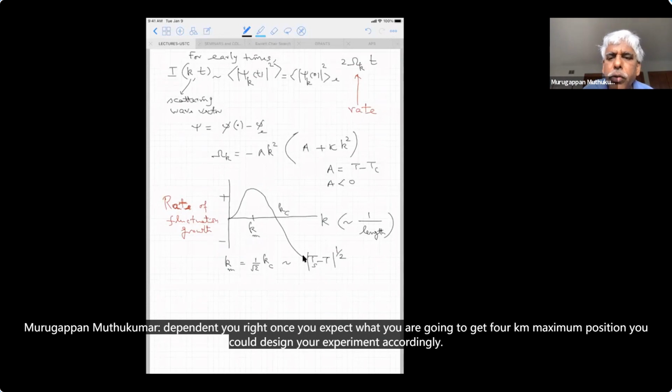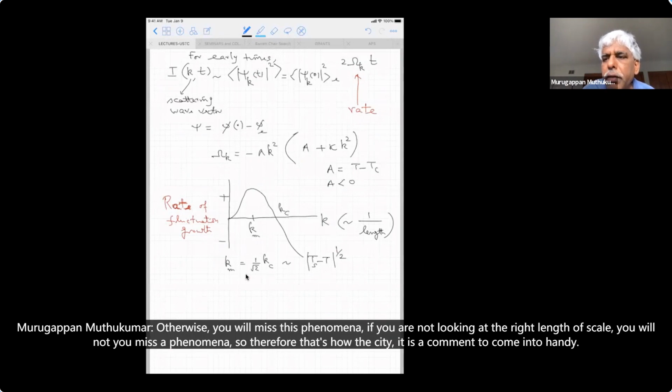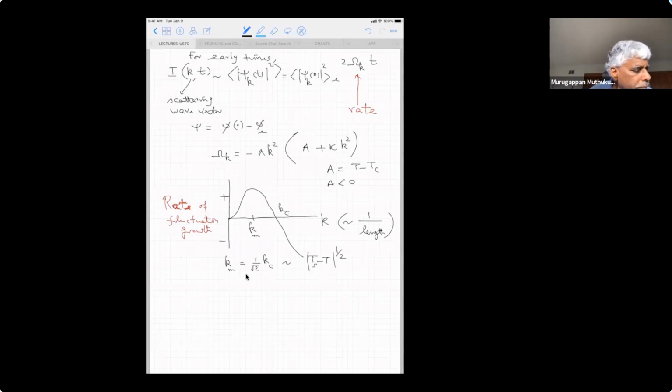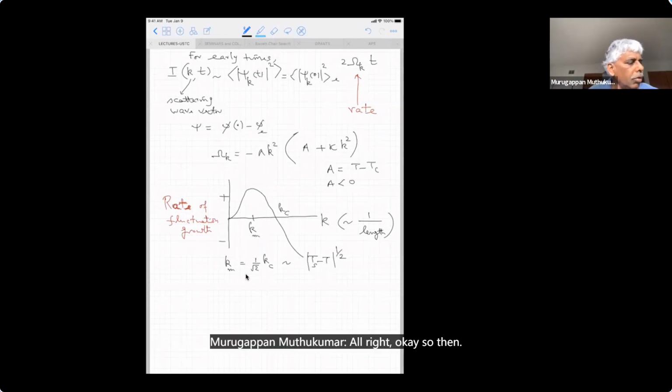Once you expect what you are going to get for Km, the maximum position, you can design your experiment accordingly. Otherwise, you'll miss this phenomenon. If you are not looking at the right length scale, you will miss the phenomenon. So that's how these theories come in handy.